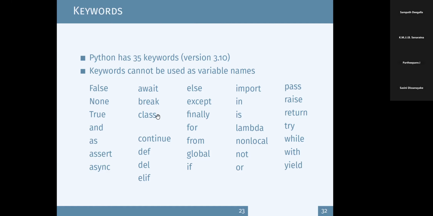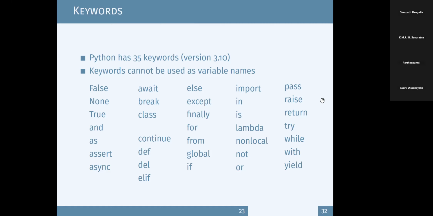So keep this in mind as well. So the summary of the slide is there are some reserved words. They are called keywords, which we use to develop Python scripts, and you cannot use them as identifiers.